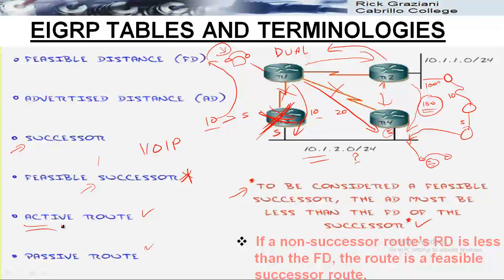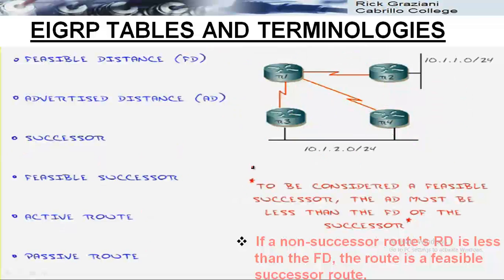Active is where your routers are actively querying for a backup. So this is where, say, my router 1 had lost connection to its LAN, so it sends a query message. Before it can hear those updates, you'll see those routes marked as active, meaning that your network is still converging.